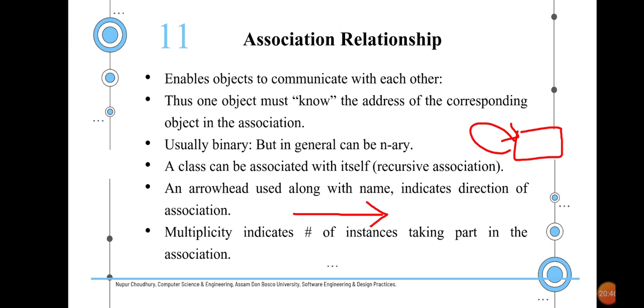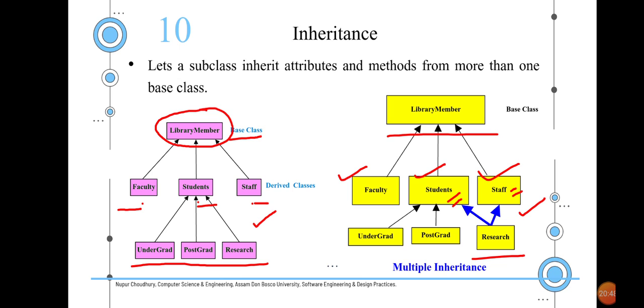In our previous example we also used an arrow, but the arrow was pointing to the base class, and the part where the arrowhead is not present is basically the derived class.